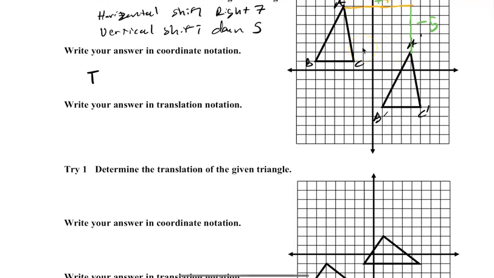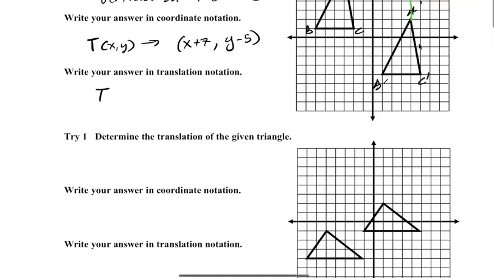We went from x, y to, on our x's we're going to add 7, and on our y's we're going to subtract 5. That's coordinate notation. It lets you know to add 7 to all your x's and subtract 5 from all your y's. And if you want to see the other notation, it will be 7, negative 5 for triangle ABC. That's translation notation. It's letting you know that on my x's I have to add 7, and on my y's I have to subtract 5.